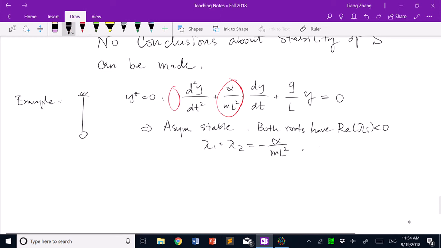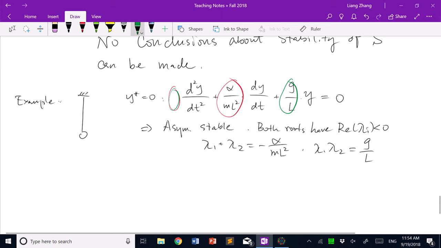And the product of the two roots will be equal to the coefficient here divided by the coefficient here, and you'll have to flip the sign.